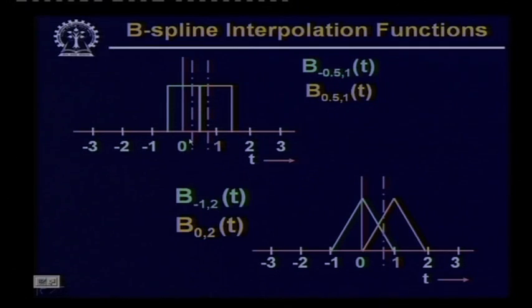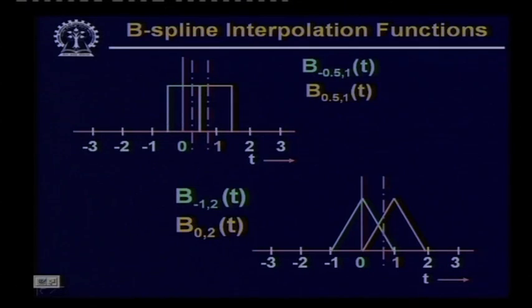So, using this, let us see how it helps us in the interpolation operation. As I said, for interpolation, when I consider the contribution of p 0 to any particular point, I will consider the B-spline function to be b minus 0.5 1 t for constant interpolation. So, it appears like this.